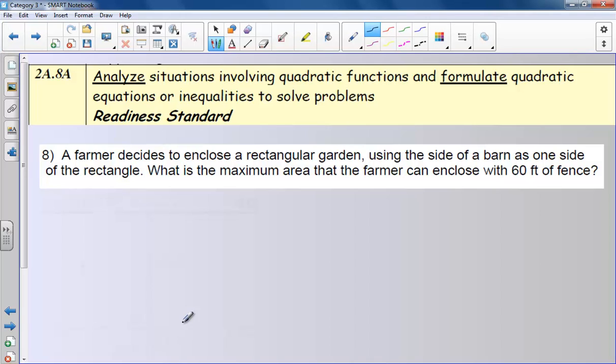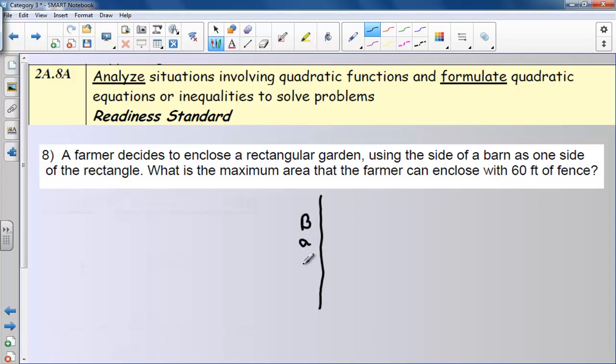Okay, readiness standard, then: analyzing situations involving quadratic functions and formulating equations or inequalities to solve. So I've given an example here. This is going to be an equation, not an inequality, but it'll work the same way. So here's my situation. A farmer is going to build a rectangular garden, and he's going to use the side of a barn.